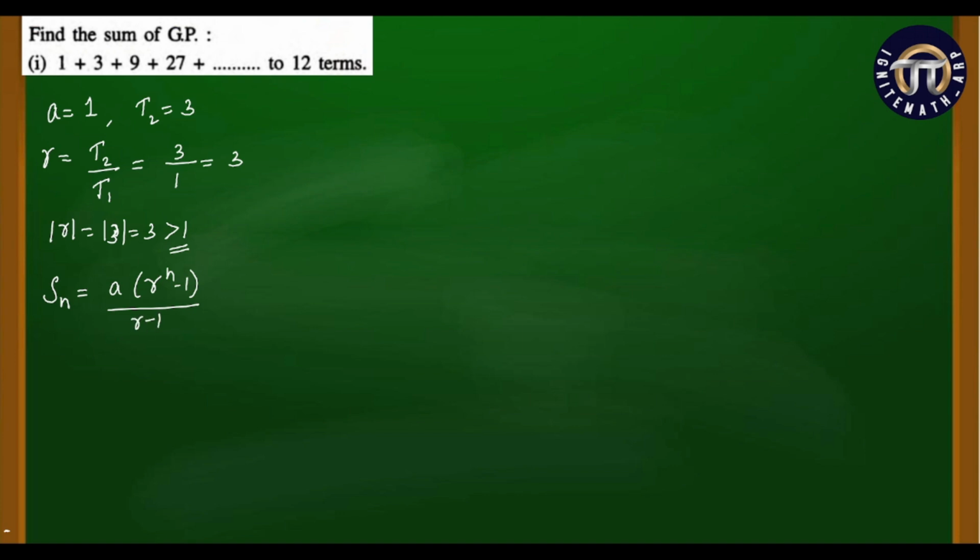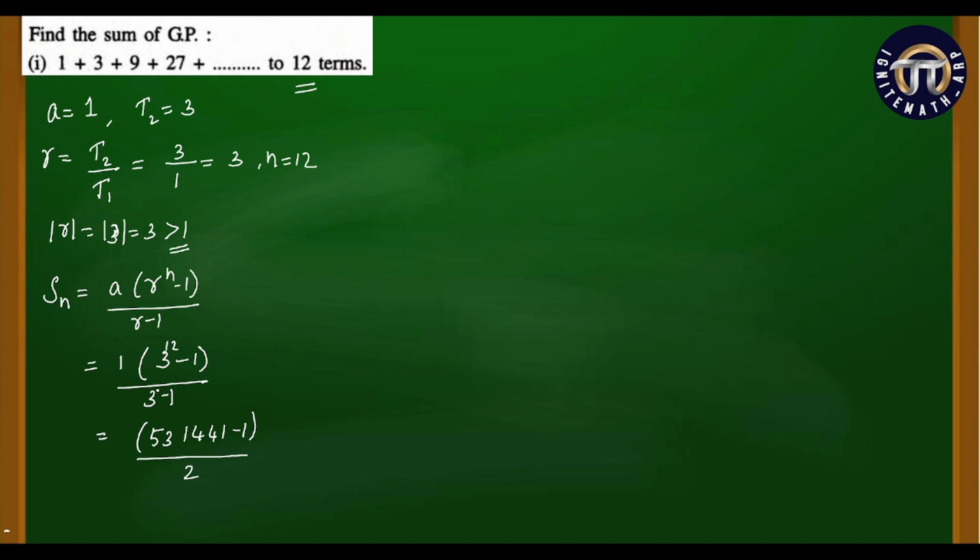Now what is n over here? I'm supposed to find the sum till 12 terms. So now I'll substitute the values. A is 1, R to the power of n, that is 3 to the power of 12, minus 1, divided by 3 minus 1. So R is 3, n is 12. Later I can write this as 3 to the power of 12 is 531441, minus 1, divided by 2. 3 minus 1 is 2.